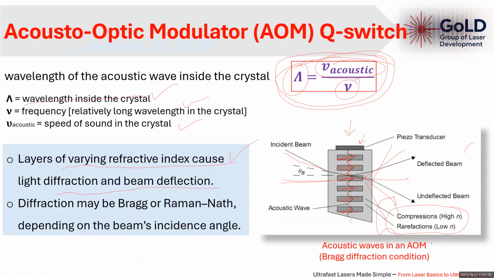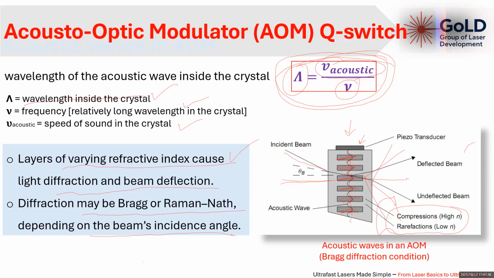Okay. And the second point here, there are two possibilities. It is clear that this quartz crystal will behave like a diffraction grating when the transducer is working. If the transducer is not working, it's a transparent material.